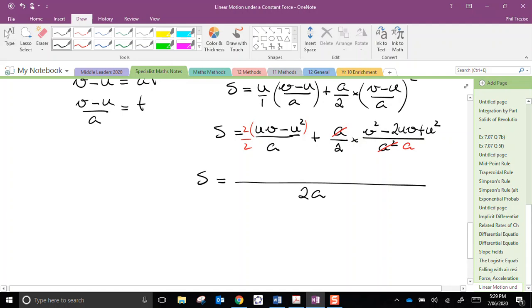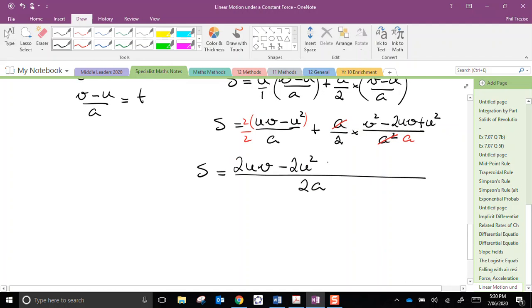Now what would it be? Well, distributing here, I would have 2uv minus 2u squared. Then it would just be the bit left here, which is v squared minus 2uv plus u squared. 2uv minus 2uv will disappear.